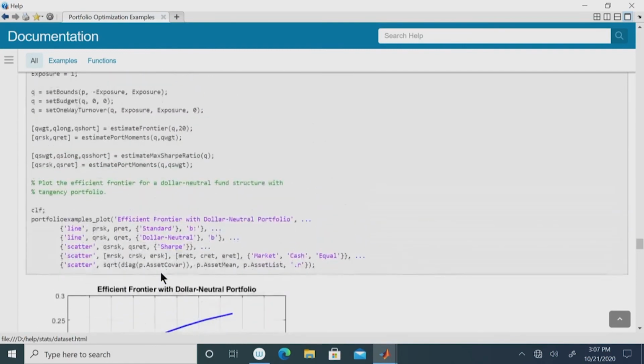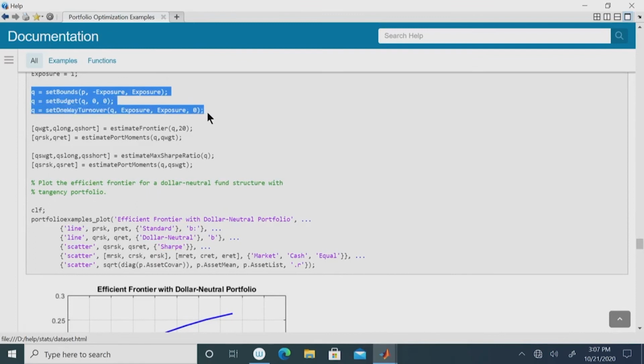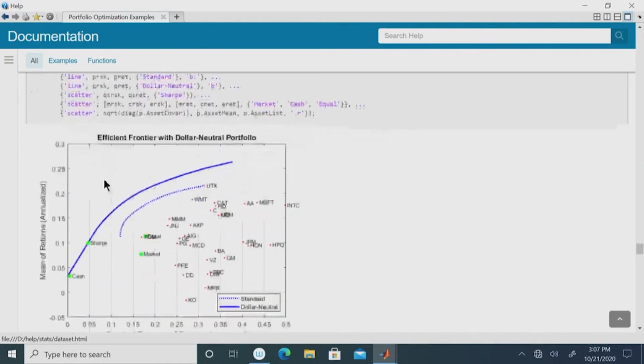Here you have set up the dollar neutral portfolio and estimated the efficient frontiers. From these two efficient frontiers, you see that the dollar neutral portfolio's efficient frontier is at a higher level than the standard efficient frontier.